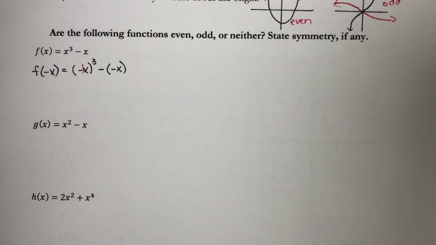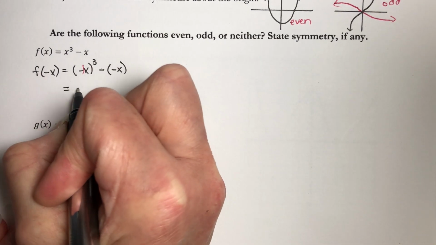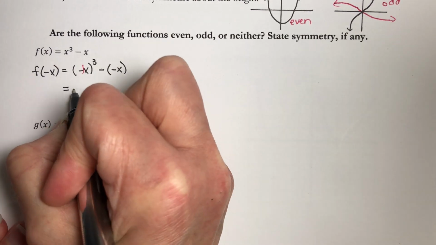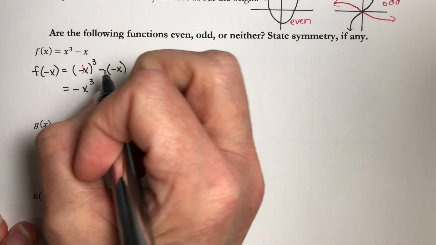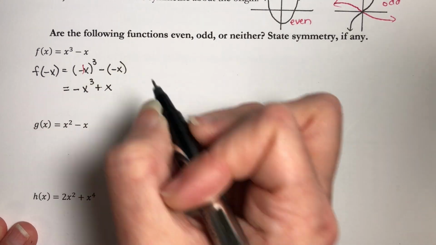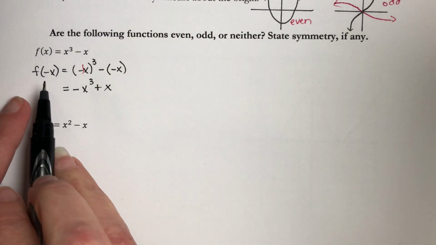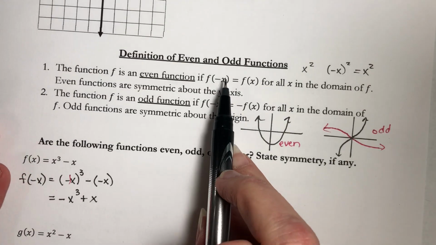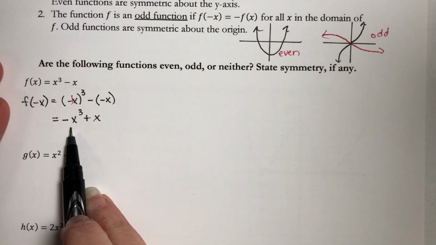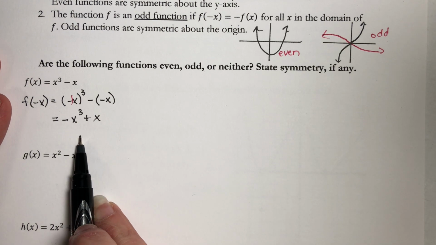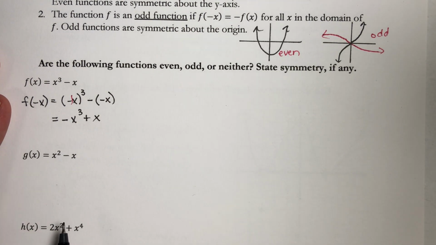And if you raise negative 1 to the third power, negative 1 times negative 1 times negative 1 is negative 1. So this is still negative. So I'll have negative x cubed minus the negative x, which is plus x. So we found f of negative x, and that's required for both of these. We calculated this in one of the problems in 2.1. We plugged in negative x.